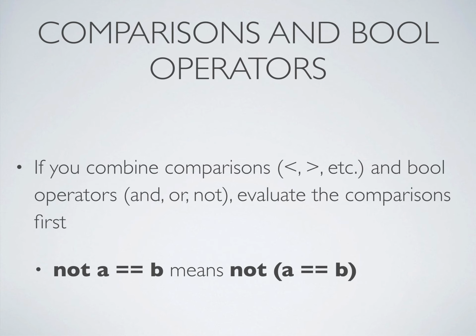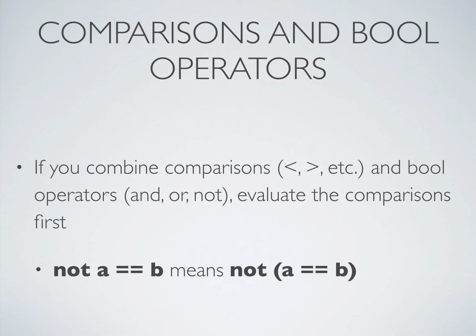One last thing I do want to mention about these comparisons is if you combine any of these comparisons, meaning the less than, greater than, equal, all that kind of stuff, and bool operators, so the bool operators were the things that we talked about before, the and, or, not, you should evaluate the comparisons first. Alright, so you should evaluate the less than, equal, greater than, all those things, evaluate those first.